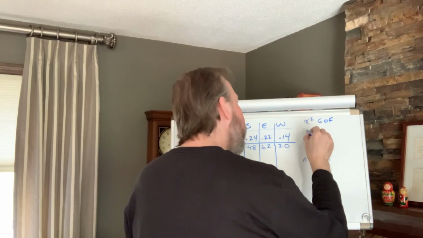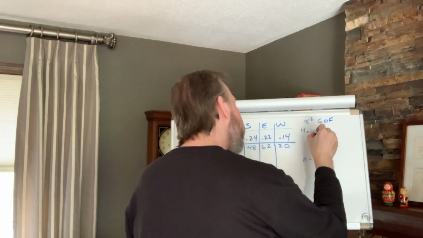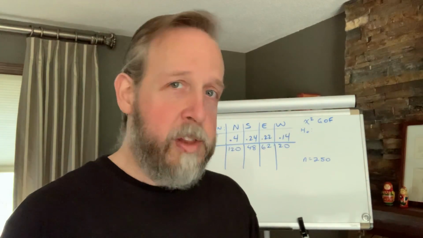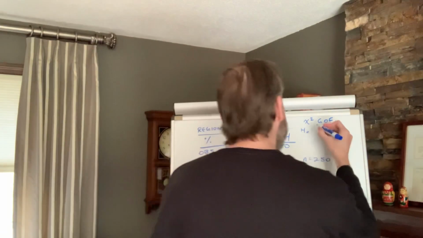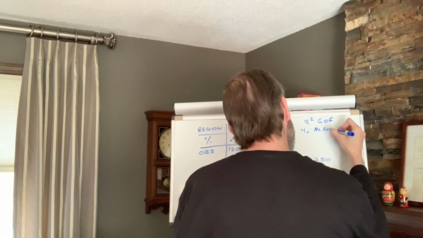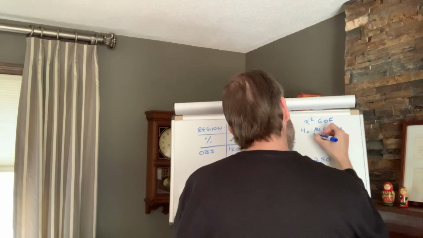That's fine. In a goodness of fit test, what is the null statement going to be? Well, in this case, the null is simply going to be that all 4 regions of the town of Kingston are being appropriately served. So I'll just shortcut that with all regions served.